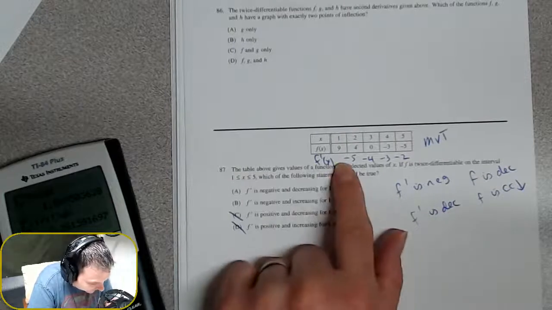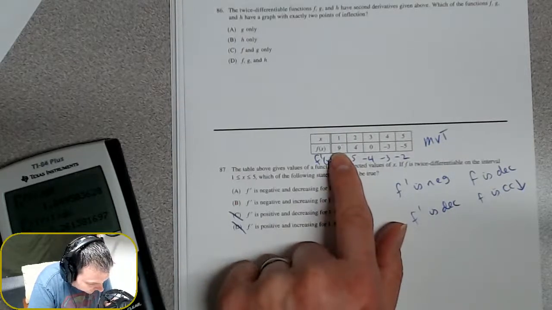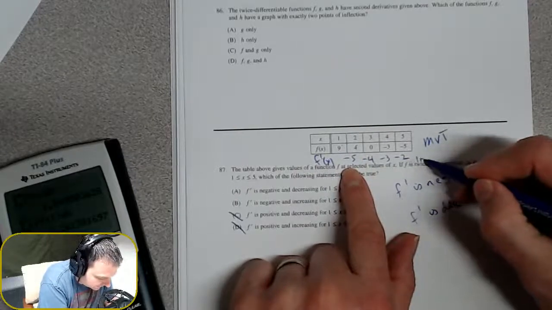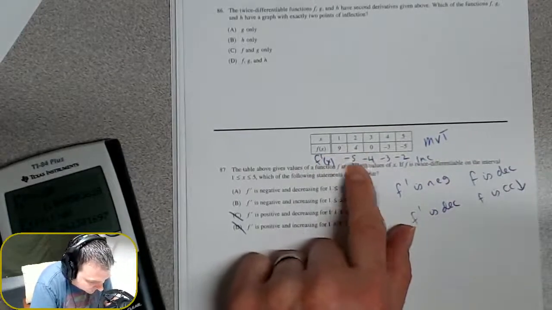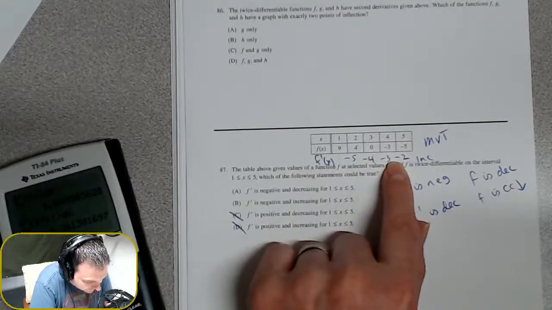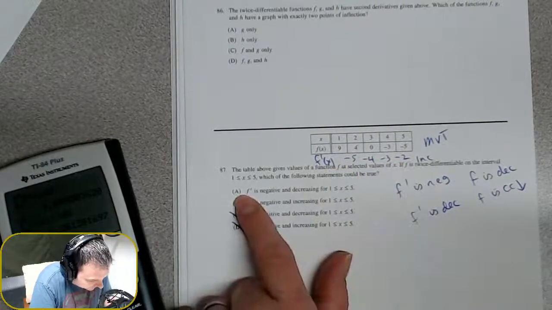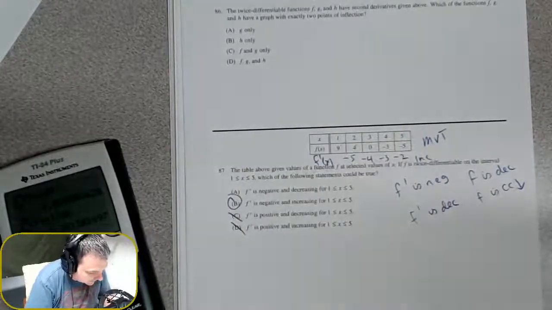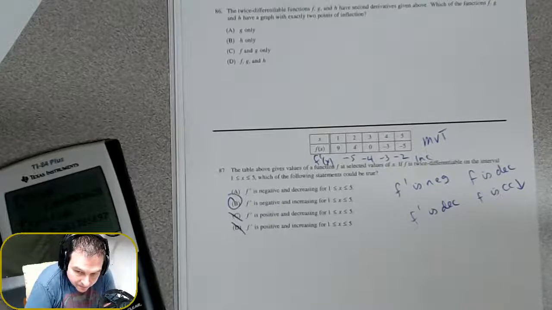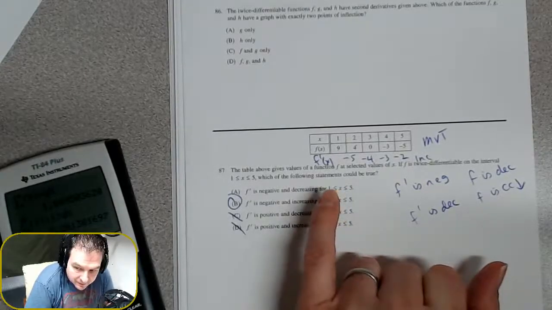Okay, does that make sense? The change here, it went down 5. Oh, no, wait, it's increasing. My fault. Increasing. It went down 5, then down 4, and then down 3, and then down 2. Well, the answer has to be B. F prime is negative, but f prime is increasing. You see what I mean?